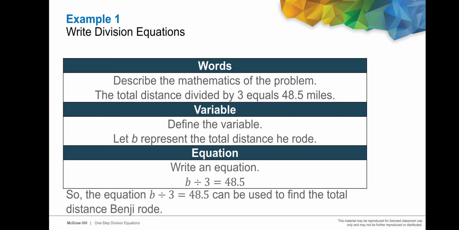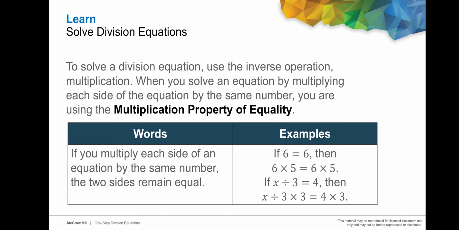I can put the variable that represents the total distance at the beginning of the equation. So I can choose B, for example, to represent the total distance. Now B divided by 3 days gives me 48.5. Since I translated the problem into an equation, I can find the answer.